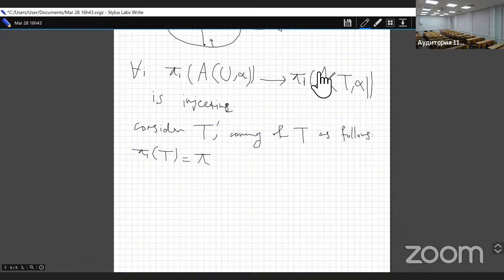By Van Kampen's theorem, it is pi 1 of S star C. So consider T prime to be the covering corresponding to this covering.